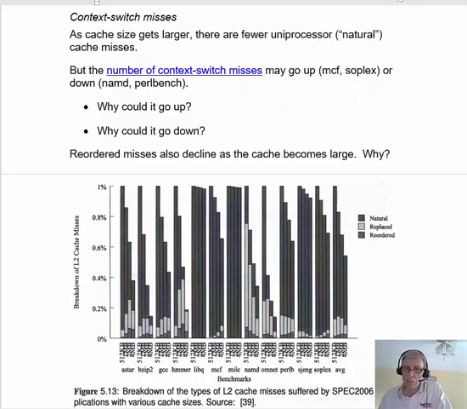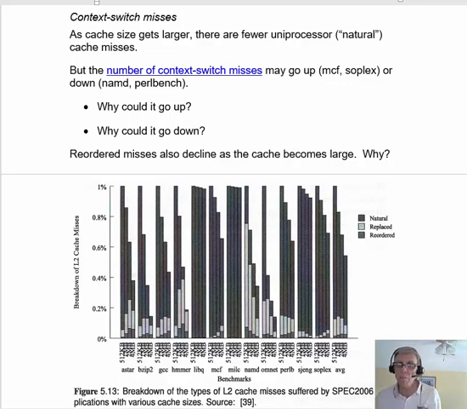Now let's look at context switch misses. As cache line size gets larger, there are fewer uniprocessor cache misses. But that's not really true when you consider the situation where multiple applications are running at the same time. The number of context switch misses may go up as it does in some benchmarks or down as it does in other benchmarks.